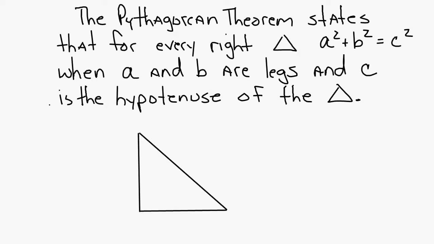So in a right triangle, you've got one 90-degree angle. The two sides of the triangle that make up the 90-degree angle, those are called legs. There's one leg and there's the other leg. The side that's across from the 90-degree angle is called the hypotenuse.